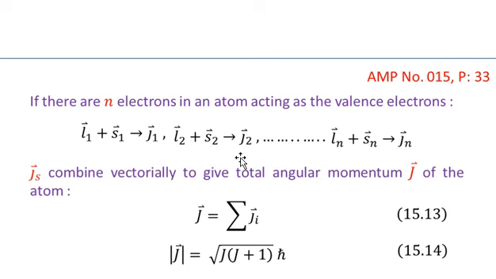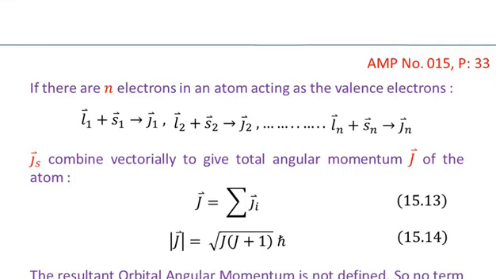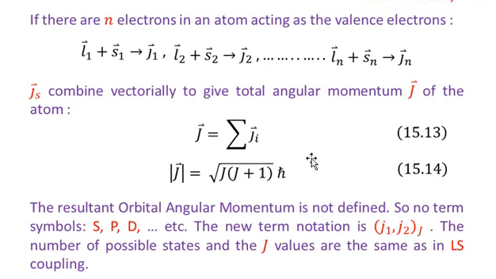And then of course J1, J2 up to Jn will combine together to give you the total value of capital J of all the electrons or the atom. So the Ji's combine vectorially to give you the total angular momentum J of the atom, shown in equation number 13. That is, capital J is equal to the vectorial summation of the individual values of Ji due to individual electrons.